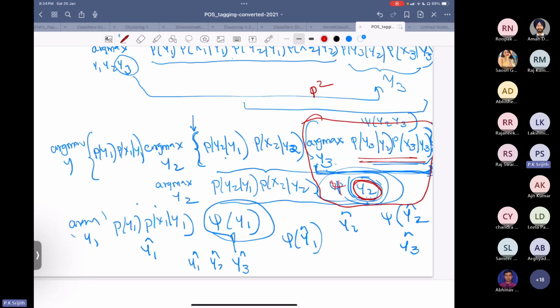And I am repeating the same thing when I form psi of y1. I need to perform this argmax over y2. y2 takes p different values, and y1 takes p different values.